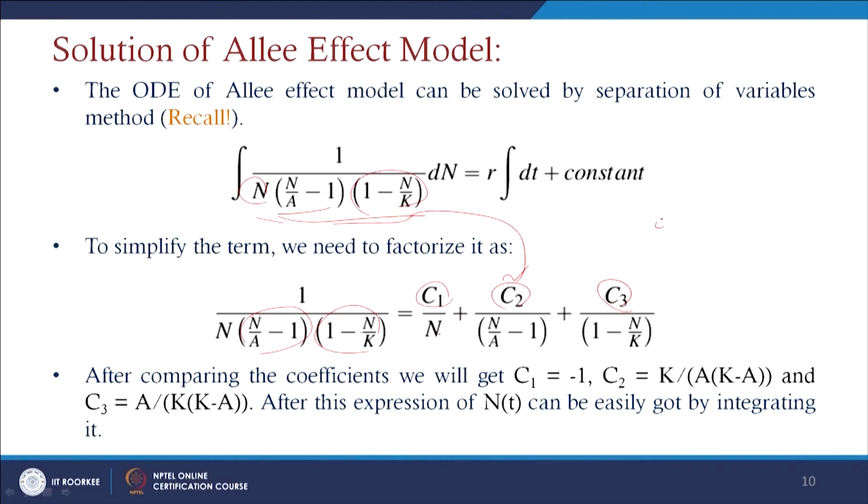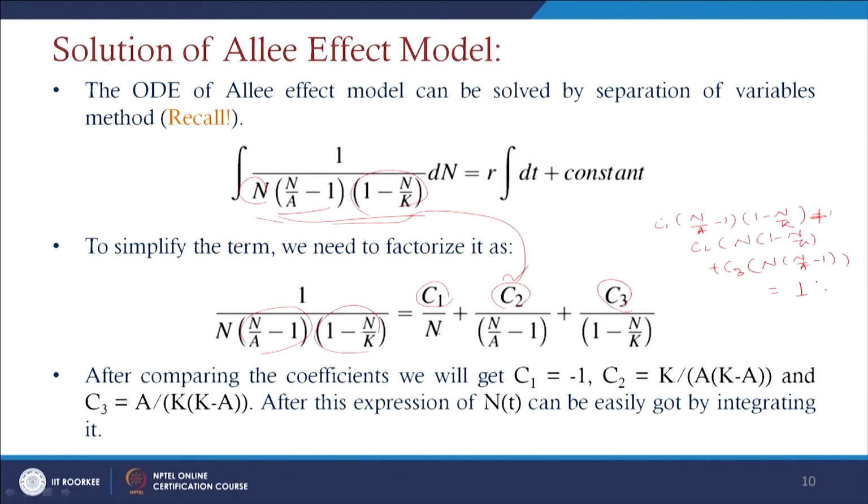So, first C1 into (n/a - 1)(1 - n/k), plus C2 into n(1 - n/k), plus C3 into n(n/a - 1), this equals 1.